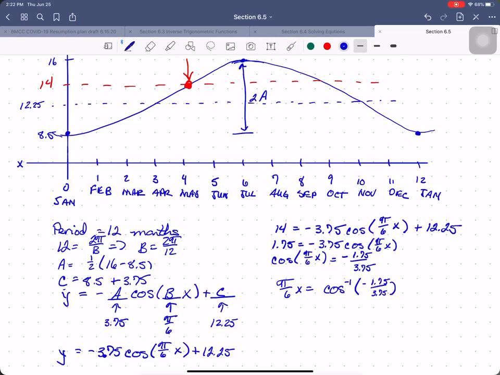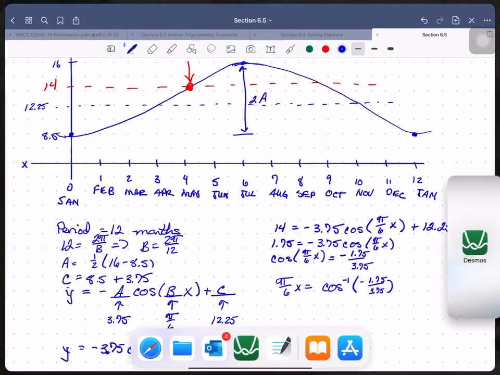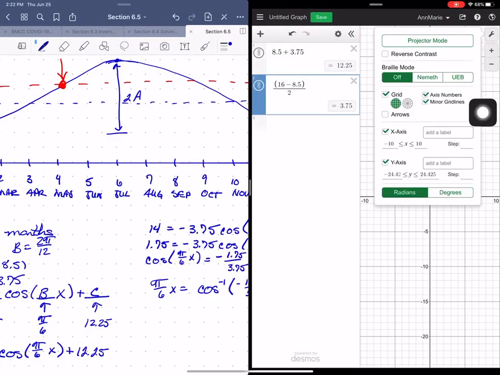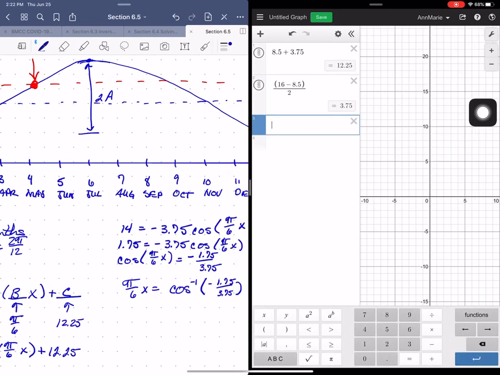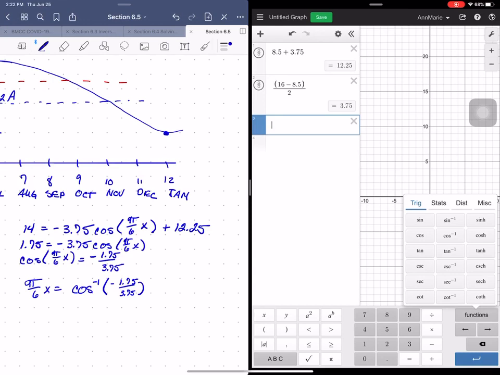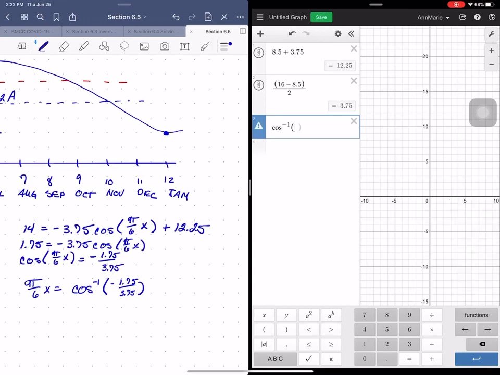Let's see what that gives us. And we want this to be in radians. Let's make sure that we're in radians. We're going to take the inverse cosine of negative 1.75 divided by 3.75. And I get 2.056.